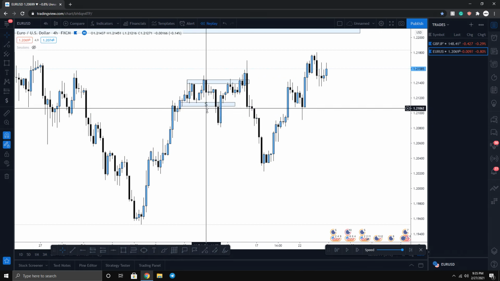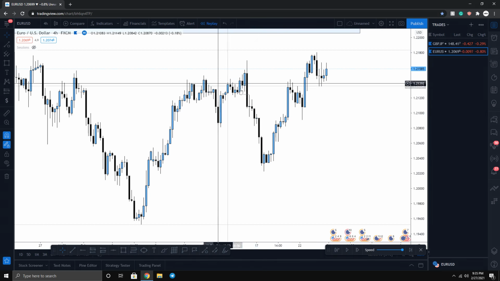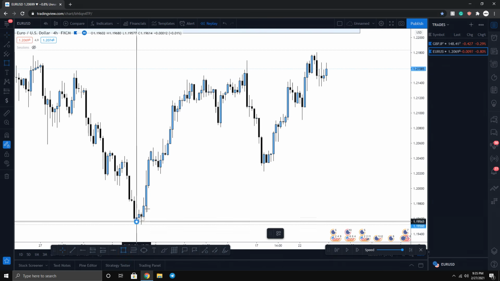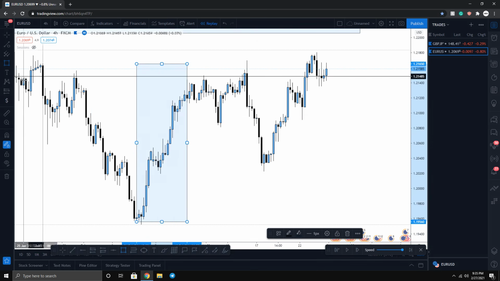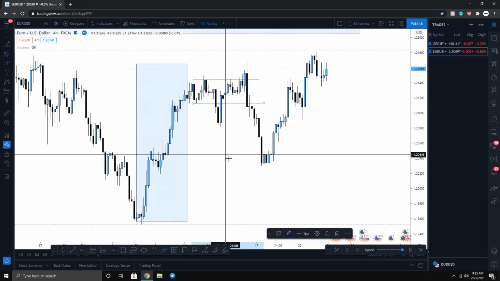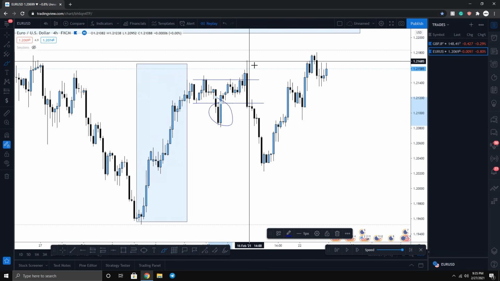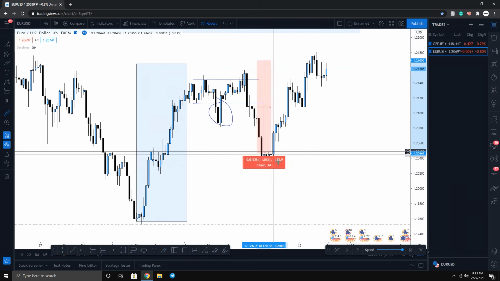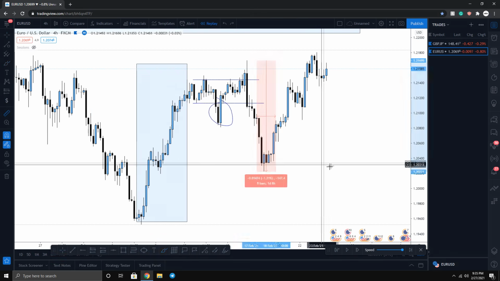But we can still see the overall concept of people getting stopped out and then the market trending. So right over here, what do we see? We see the market expanding. After it expanded, we saw that the market created liquidity from the buys and the sells. Now the buyers got stopped out and then the sellers got stopped out. And then the market made its initial trend towards the downside for over 147 pips.